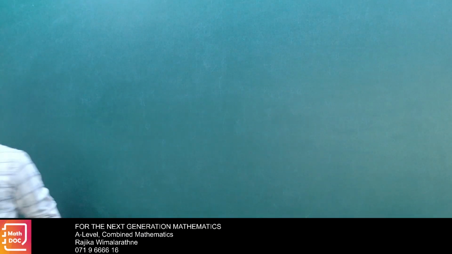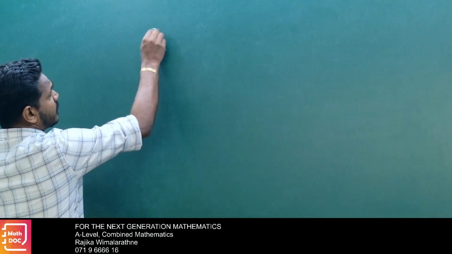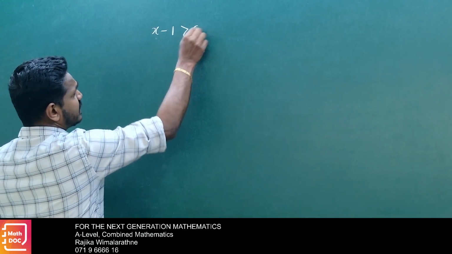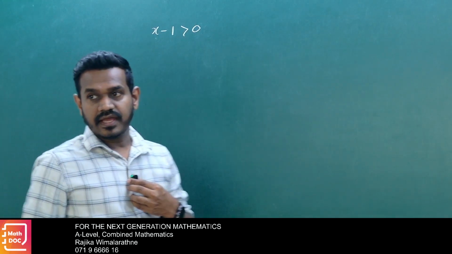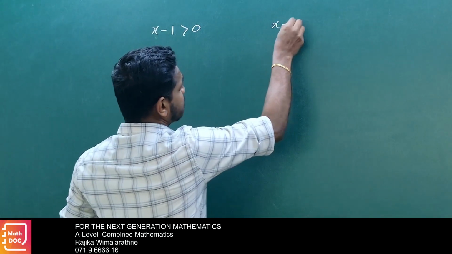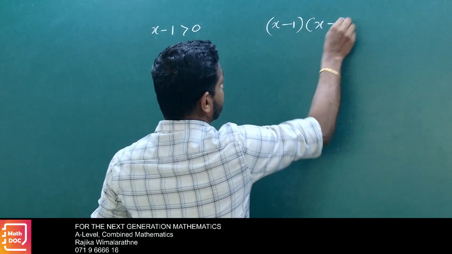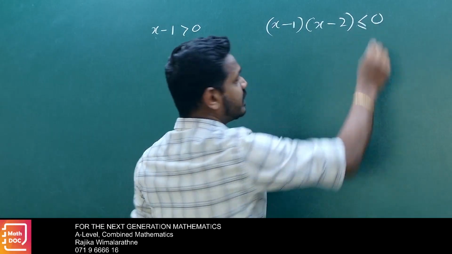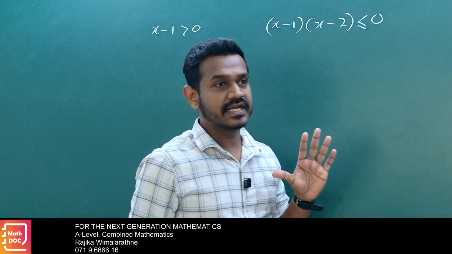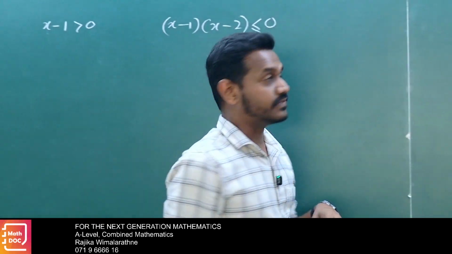Check this. You consider x minus 1 greater than 0. (x minus 1)(x minus 2) less than or equal to 0.